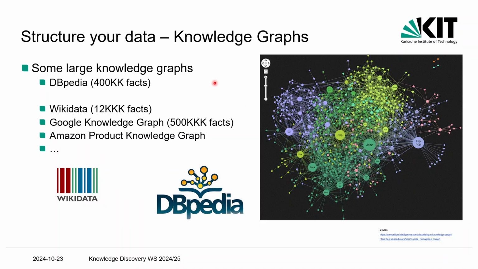So Wikipedia with 400 million facts already sounds like a lot, but there's Wikidata that has 12 billion facts, which is 30 times the amount in Wikipedia, if my math is correct. But then even larger than that, the Google Knowledge Graph, as far as we know, has about 500 billion facts in it, which is even greater.